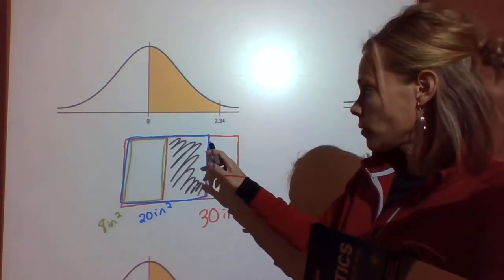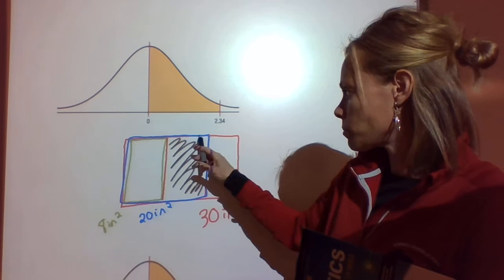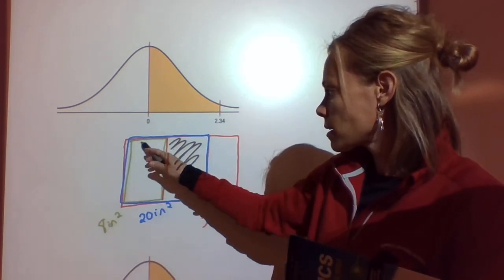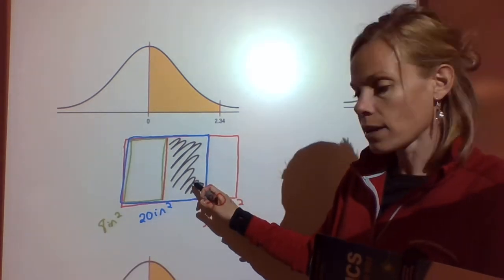If I know the blue, the whole thing here, is 20, and the green is 8, how would I figure out the black?